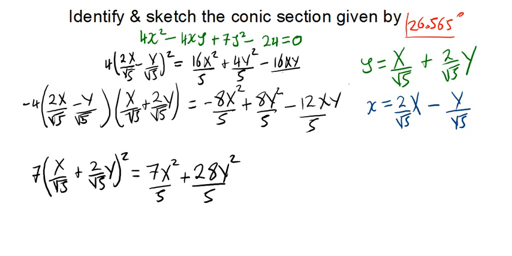Okay, then here we are going to get plus 28xy divided by 5. How I came up with this is that I just said x multiplied by 2y I got 2xy, multiplied by 2 again, I'm going to get 4xy, by 7 outside.